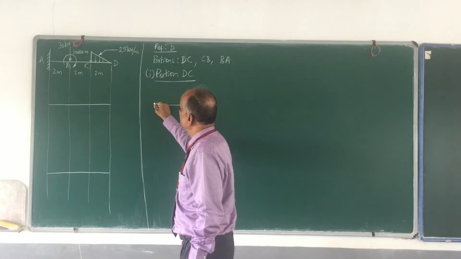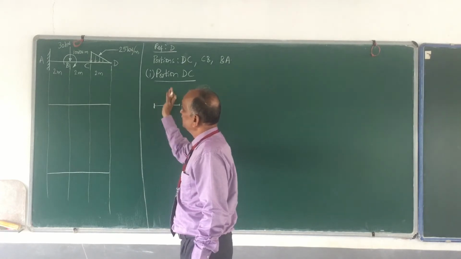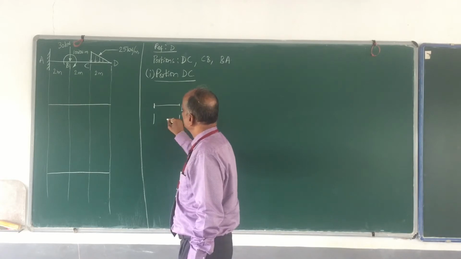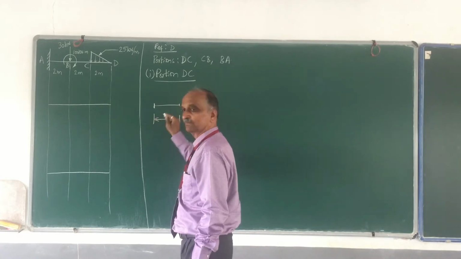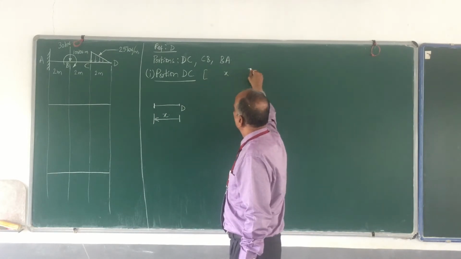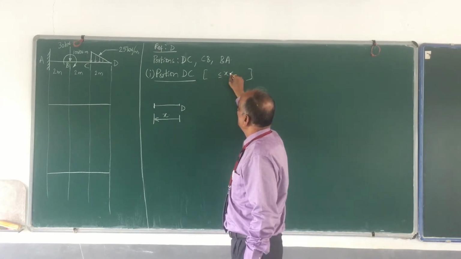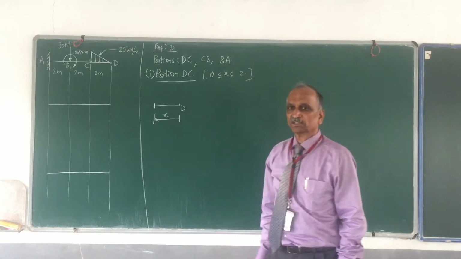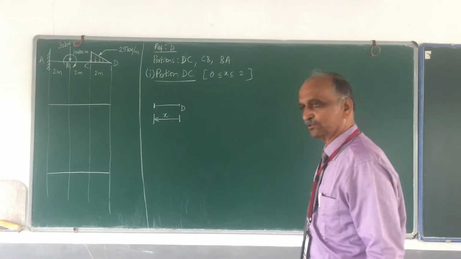Please remember, it is not C. C is beyond this, and this is at a distance of X. My section has to be always between D and C, and therefore the range of X is between 0 and 2 meters.